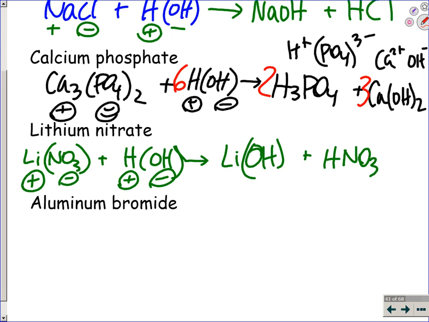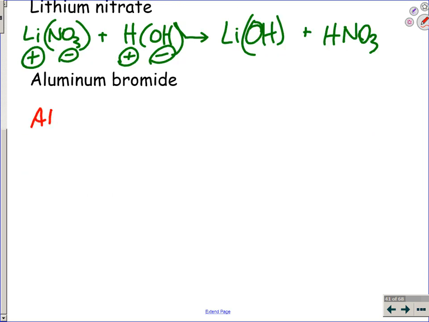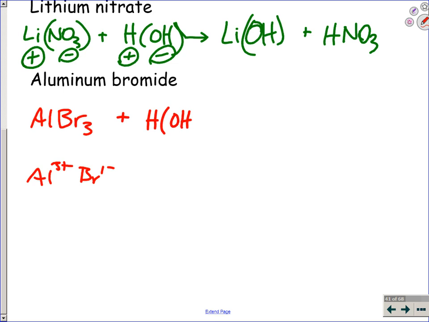You guys get me started on aluminum bromide. AlBr3, good, because aluminum has a 3 plus charge, bromine has a 1 minus. You crisscross very nicely, plus HOH. All right, Chandler, so you'll pick up. Al, good.